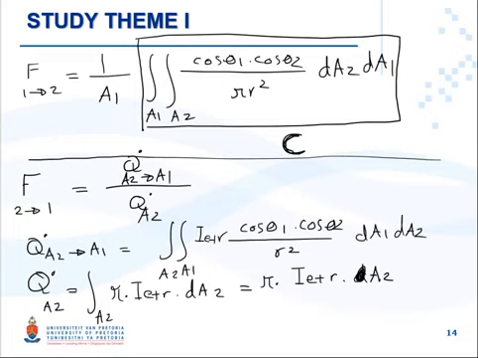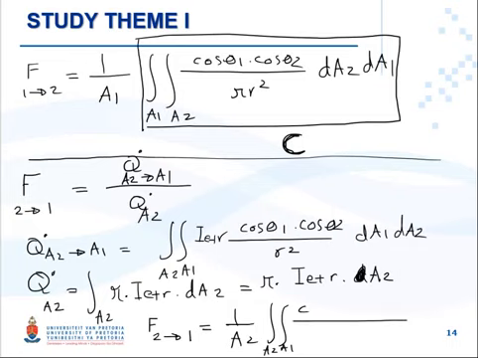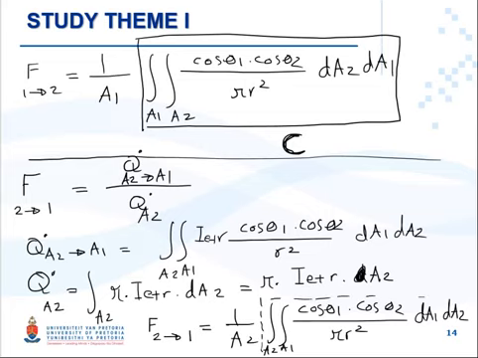So F21 will be equal to 1 over A2 times the double integral over A2 A1 of cosine theta 1 cosine theta 2 over pi r² dA1 dA2. If you look at this double integration, it is exactly the same as the first one, which I mentioned is C, so this one is C as well.